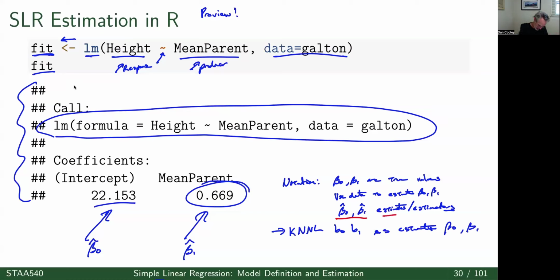Finally, let me talk about estimates and estimators. I said that these are the estimates. Estimates are beta naught and beta 1 after you've observed the data. We put the data into something, we came out with these estimates, and we come up with numbers.